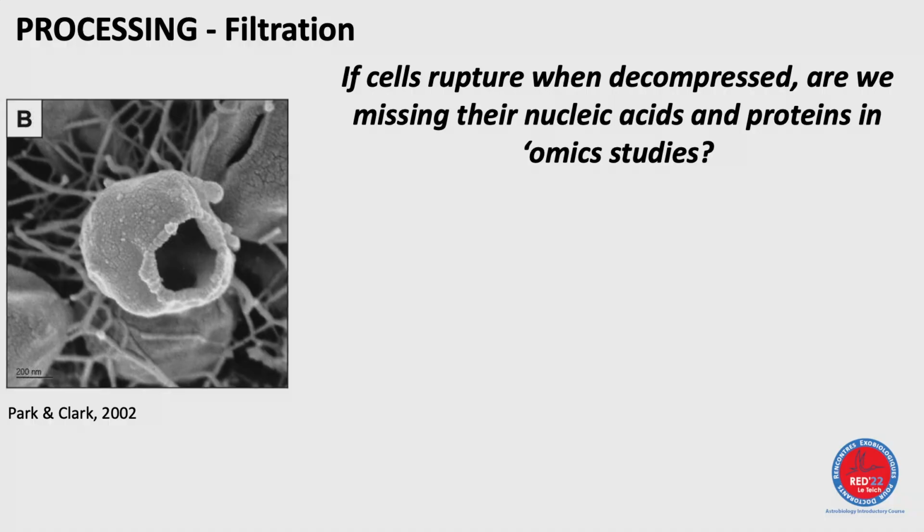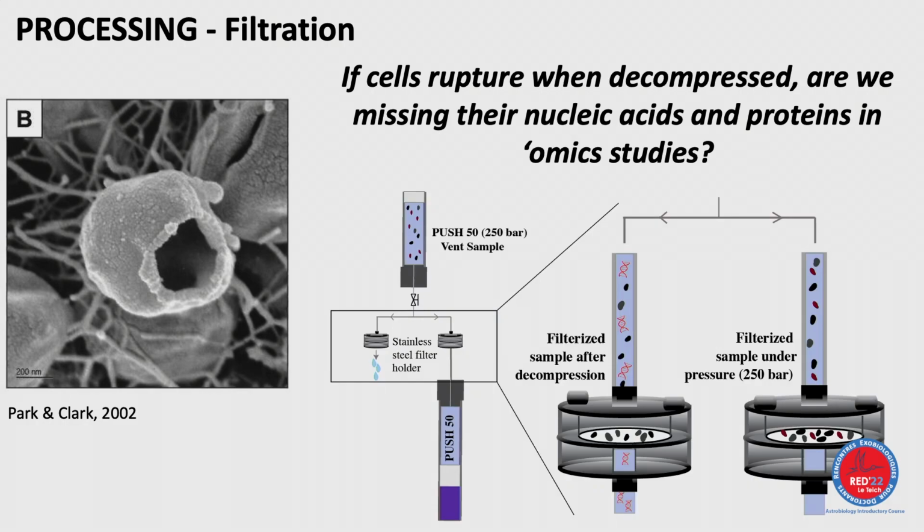So the question is, if cells rupture during decompression, are we missing the nucleic acids and the proteins for omics studies? To avoid that, we have some high pressure filters to maintain the filtration under high pressure conditions. And to compare filtration after decompression and without decompression, we used samples after decompression and samples never decompressed.